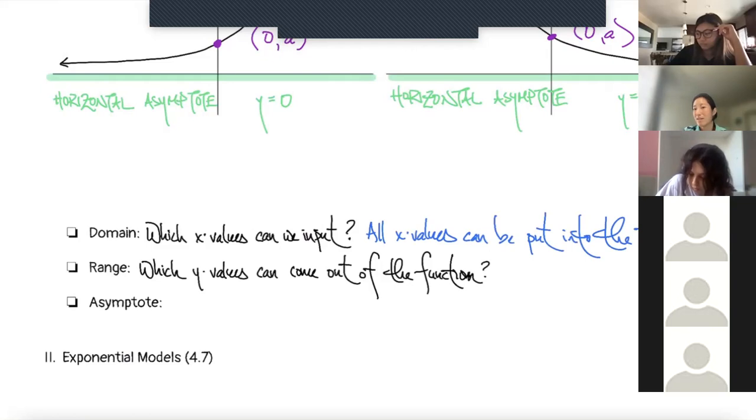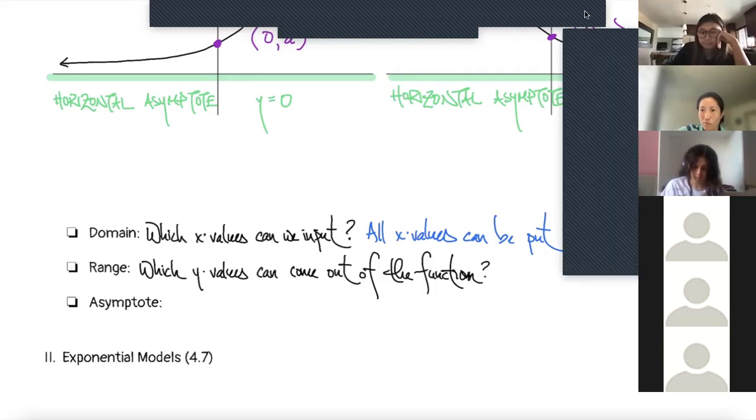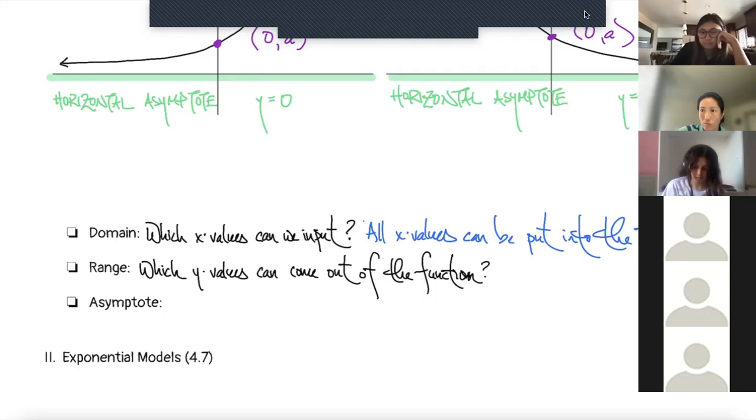How do we write that in notation? That's the next question. How do we write the sentence in the blue in mathematical notation? There are two ways that I want us to think about. One way to say this is that you're going to go from negative infinity all the way to positive infinity.